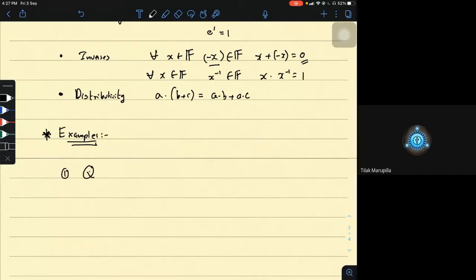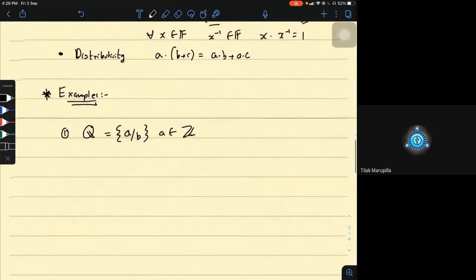The rational numbers. Rationals are all numbers that can be written in the form a over b, where a belongs to Z. These all form a commutative field with the operators plus and standard multiplication.